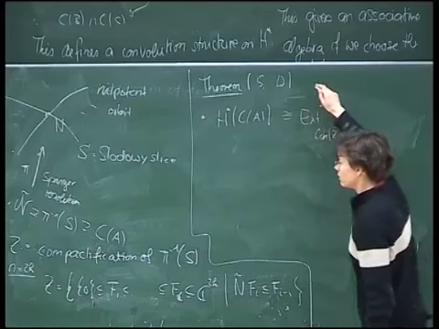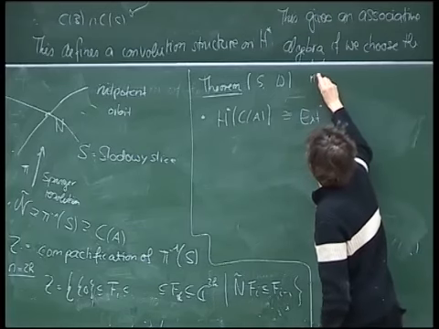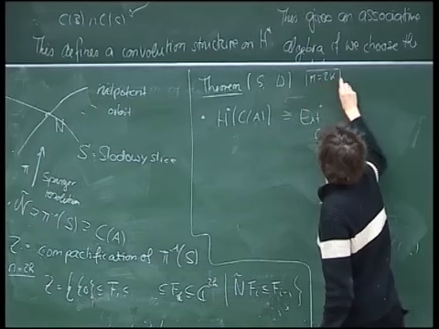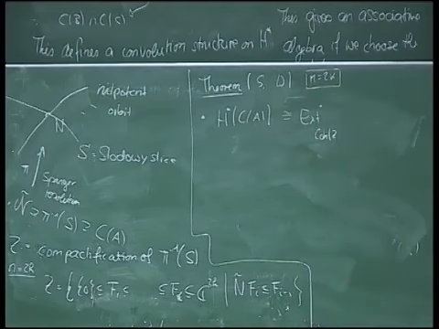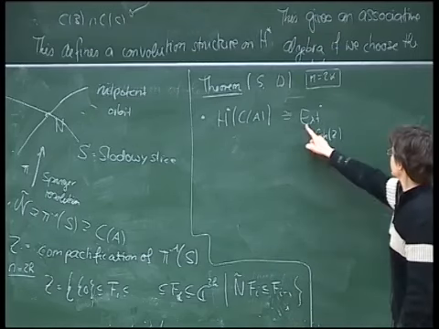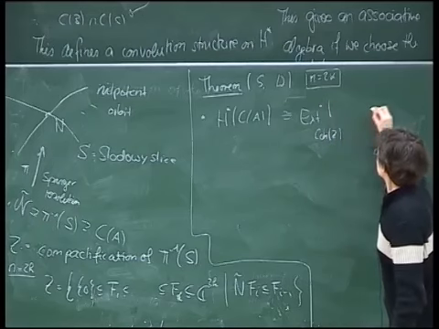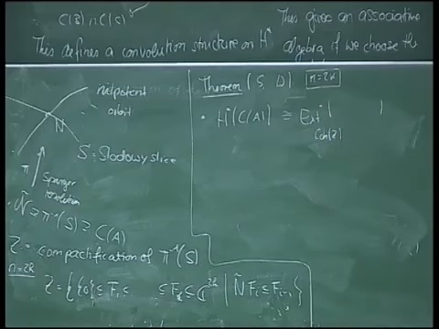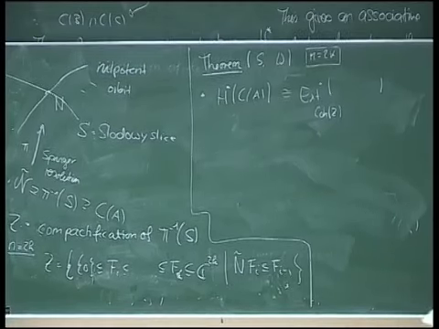So let me assume that n is 2k to avoid too many notations. So then we take the Ext algebra inside the category of coherent sheaves on this compactification of the resolution of the slice of the following thing.